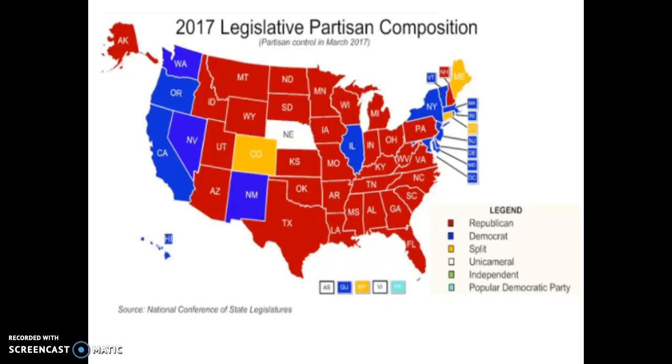Again, Nebraska is the only unicameral state Congress. Green independent, and turquoise popular Democratic Party. And again, you can see here that red dominates, the Republican Party dominates in each one of these states, and also right now the dominating party, the majority party, is the Republican Party.